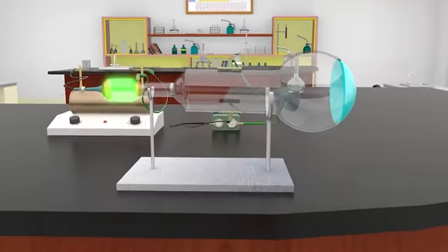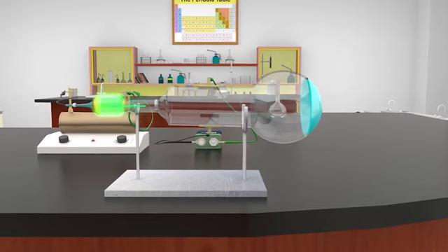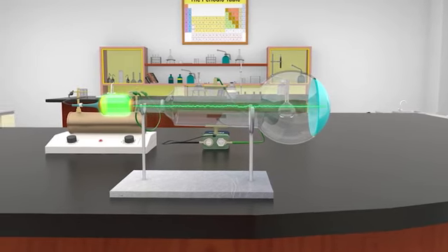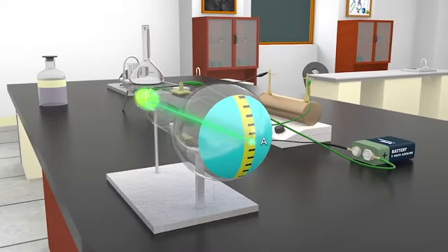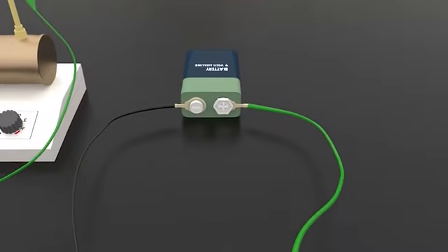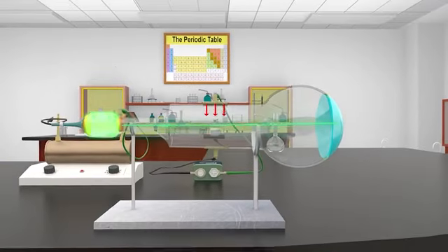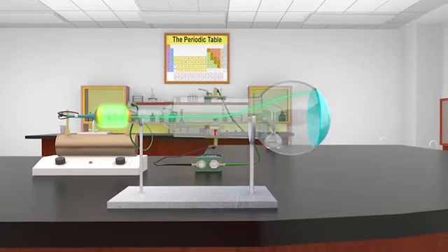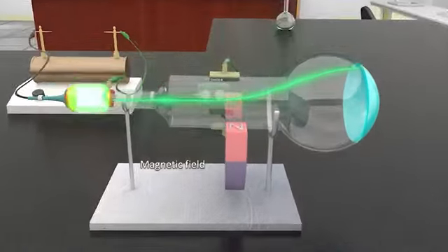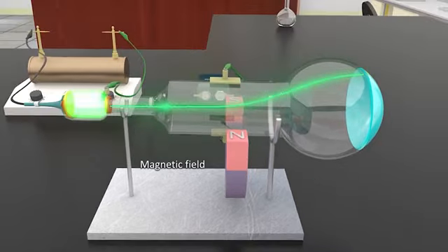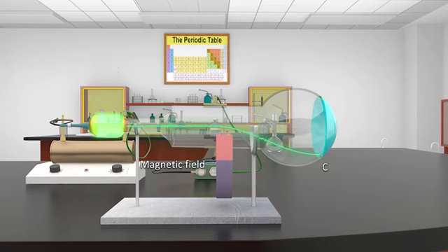In the absence of electric and magnetic fields, the cathode rays produced were found to travel in a straight line without any deflection and struck the tube at point A. When an electric field was applied, the cathode rays were found to deviate from their straight-line path and hit the tube at point B. Similarly, when a magnetic field was applied, cathode rays were found to deviate from their normal path and strike the tube at point C.